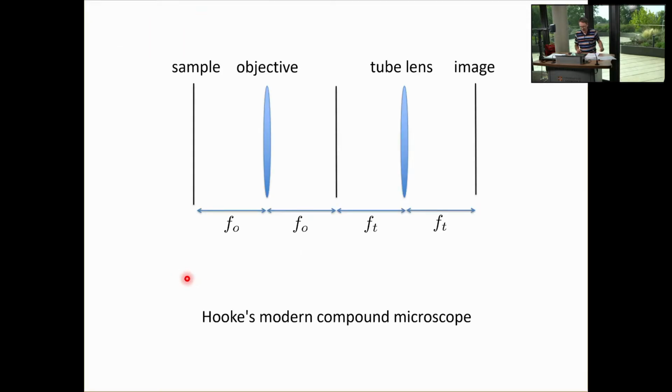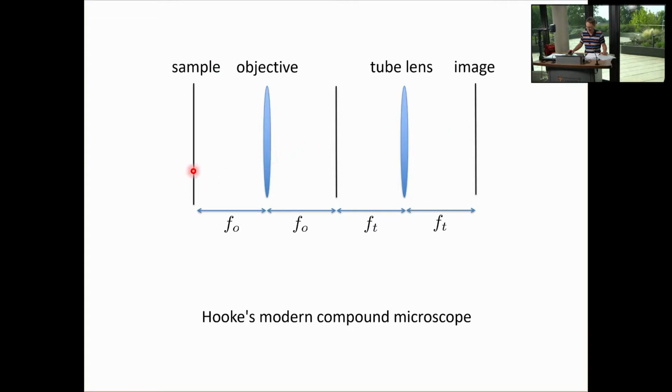So again, if we go back, we said our microscope system just consists of 2 lenses, an objective lens and a tube lens, and information from the sample plane is projected onto the image plane, and we want to do that as faithfully as possible.